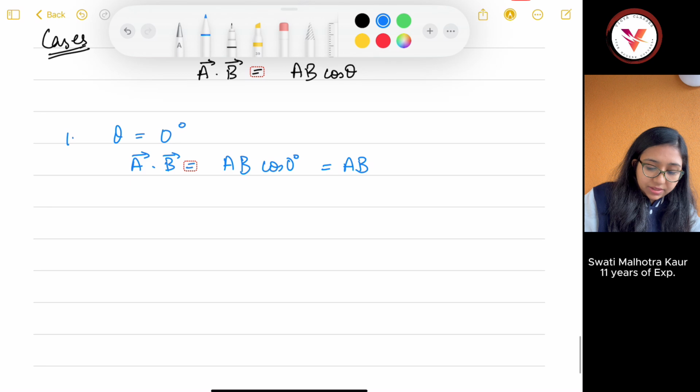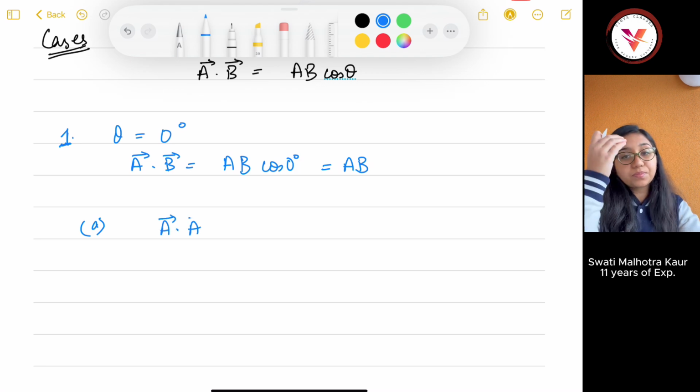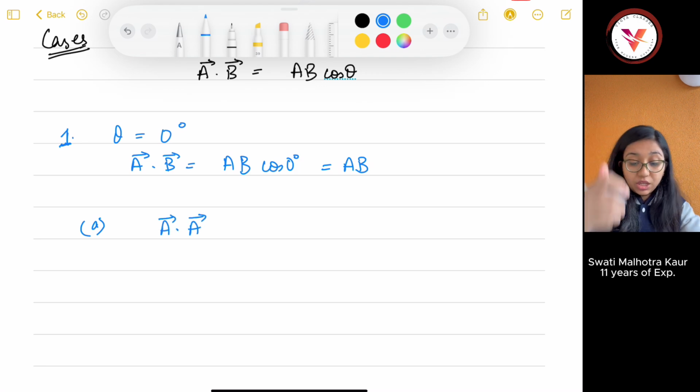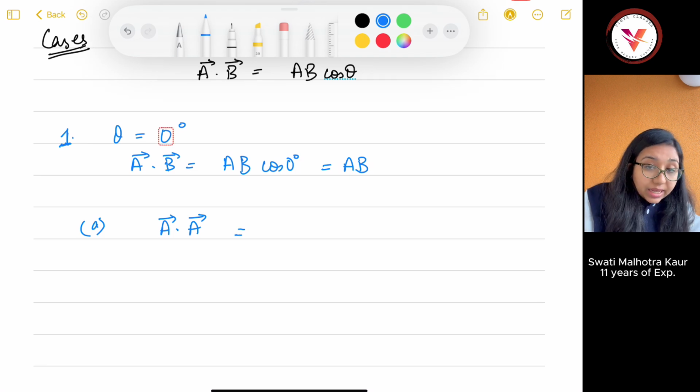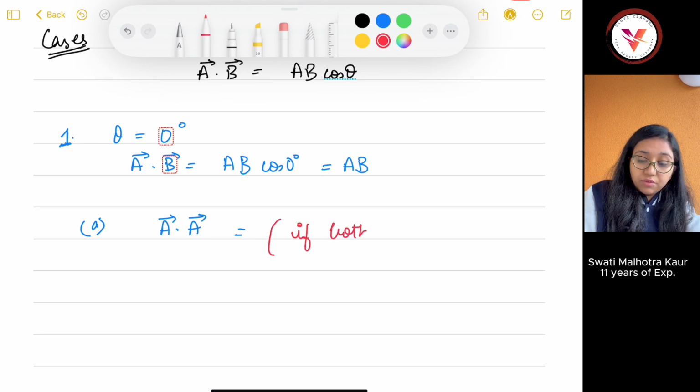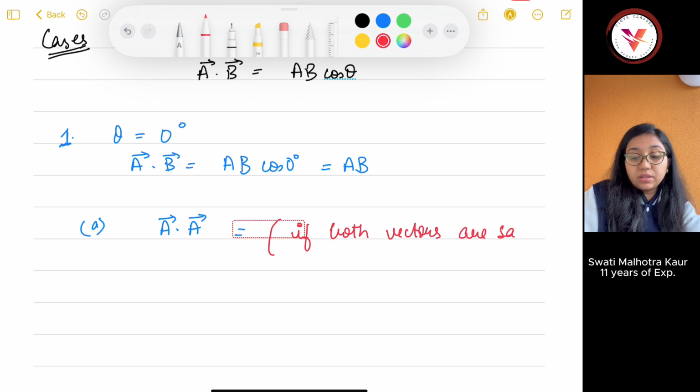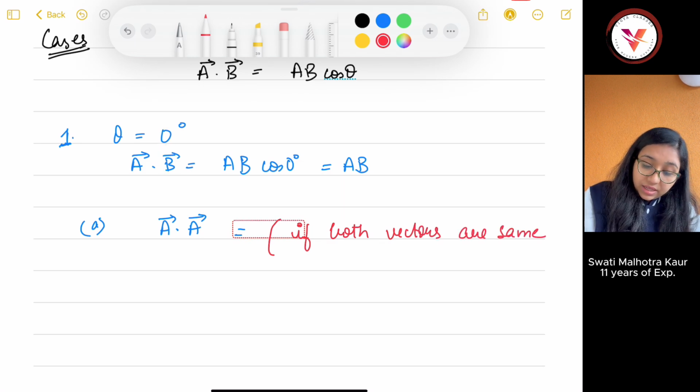Now, if I take both the vectors to be the same, it's a sub case. Let's say you have A vector dot A vector. Both are the same. If both vectors are the same, then theta should be 0 degree.